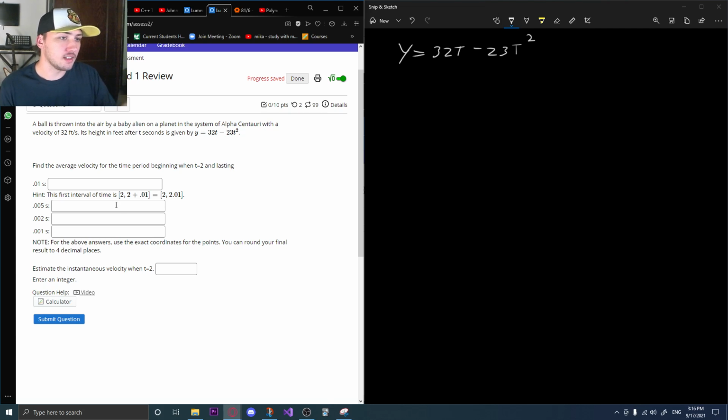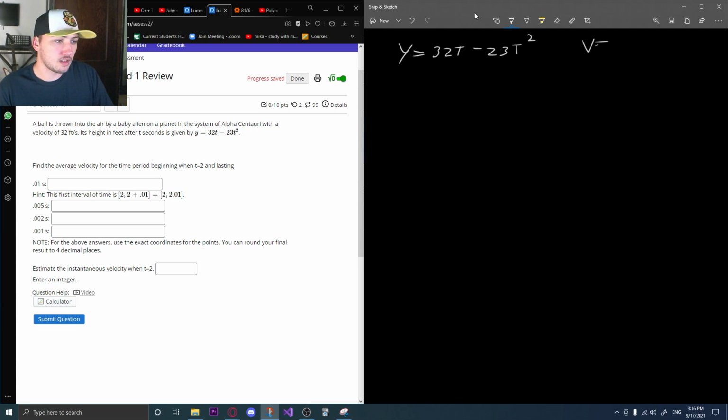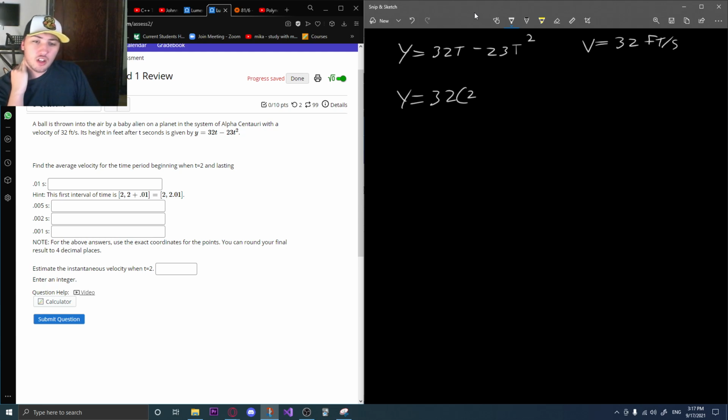So velocity is 32 feet per second. Its height in feet after t seconds. So after 2 seconds, its height is blah blah blah. So the t is seconds, so it's going to be y equals 32 times 2.